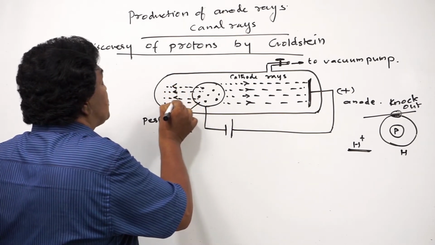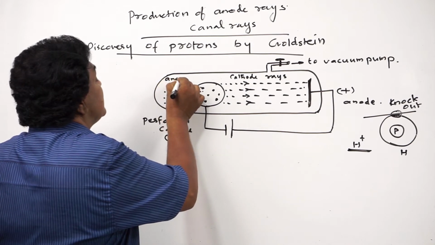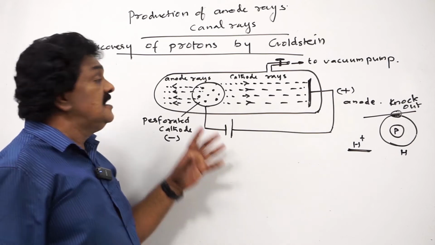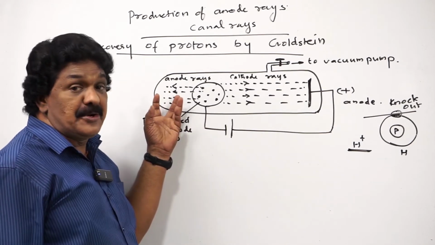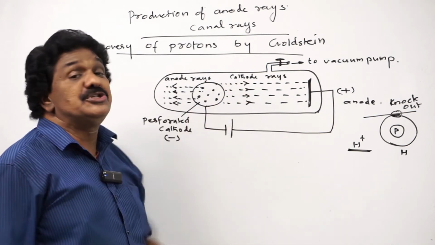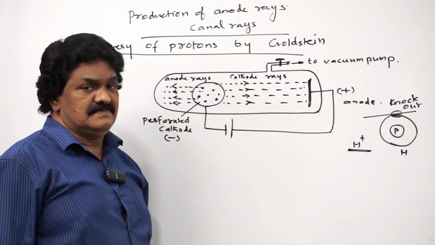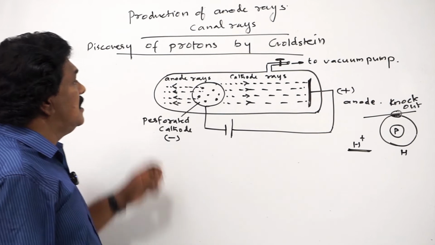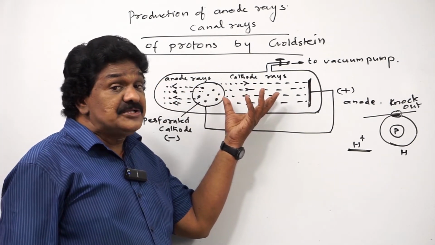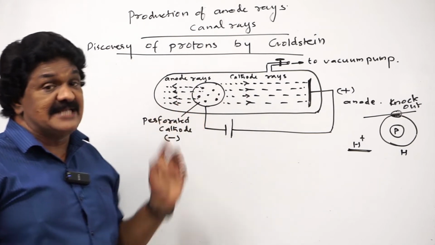They gather together to form anode rays. So it's clear that anode rays are produced only after the production of cathode rays. That's very clear. If hydrogen gas is used in the discharge tube, the anode rays contain H+ ions.